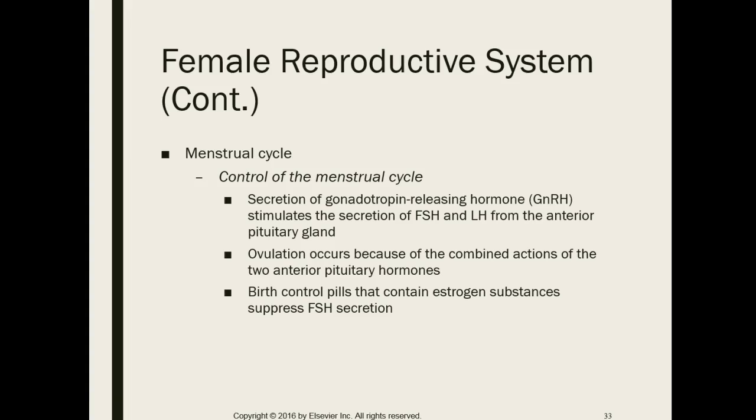Birth control pills are going to play a role in suppressing that follicle stimulating hormone secretion. If there's a low level of FSH, no follicles are going to start to grow in the ovaries. So none of them are going to become mature enough to actually ovulate. So if that happens, that oocyte will essentially just be reabsorbed back into the body.